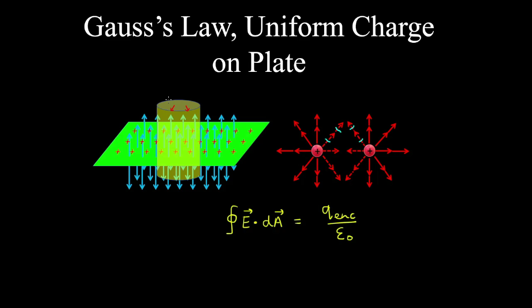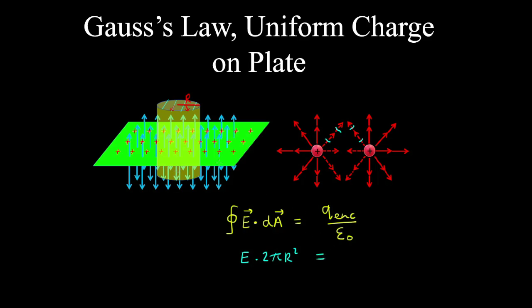The electric flux is going to be through the top and bottom of the cylinder. Let's give it a radius r, and the electric field is going to be perpendicular to this surface. So we have the electric field multiplied by the area of this surface, which is pi r squared, and we multiply by 2 because we have the electric flux through the top and bottom of the cylinder.